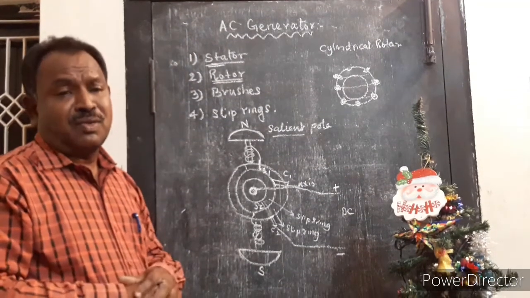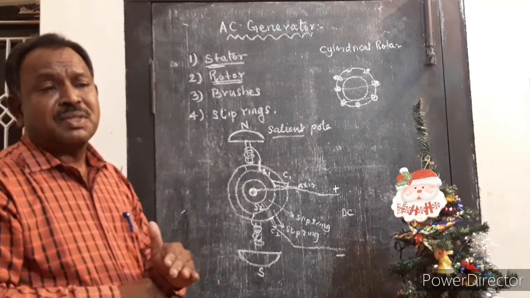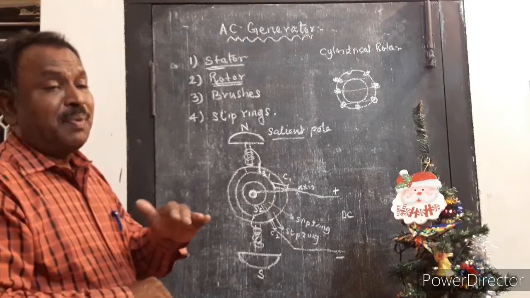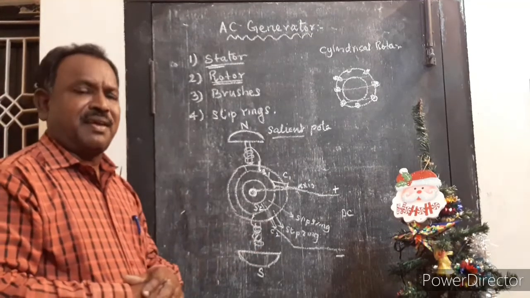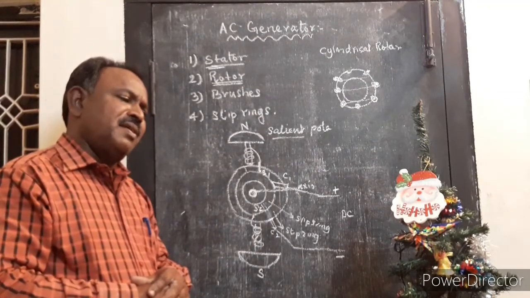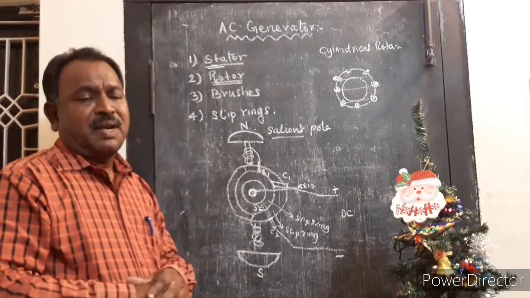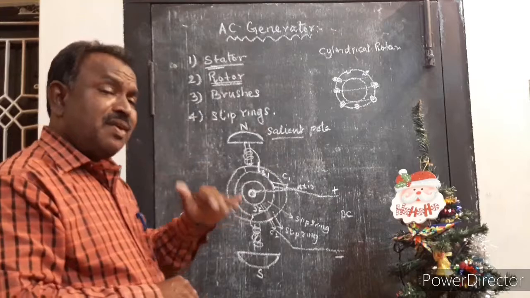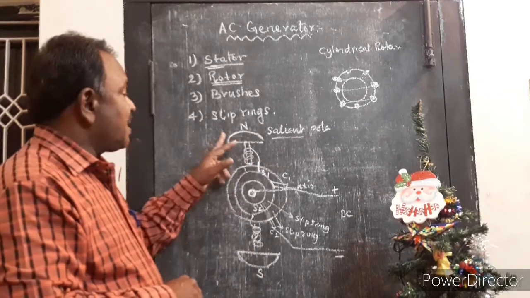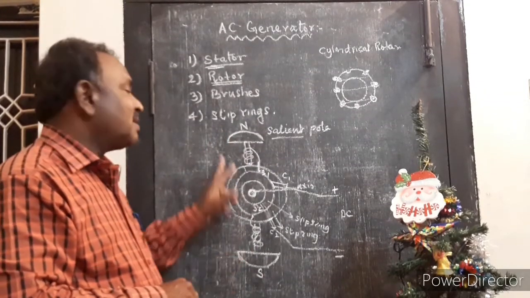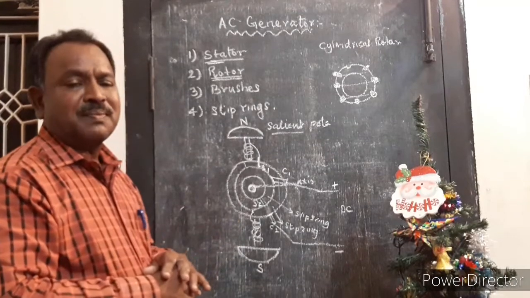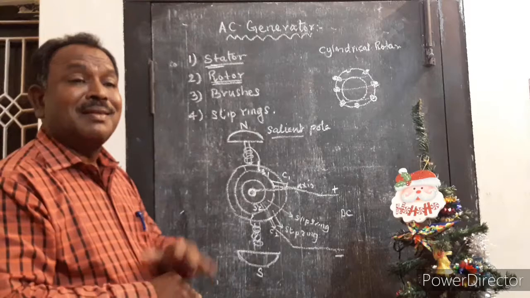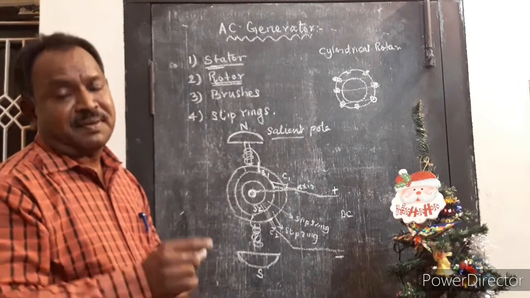Next we are going to see how this generator works. Generators are of many types. Depending upon the type of generator, the number of poles and the type of pole that we use, and the number of armature coils and the type of armature coil, will differ.